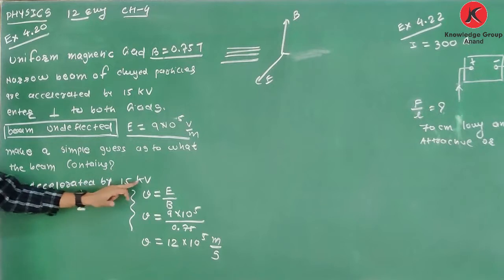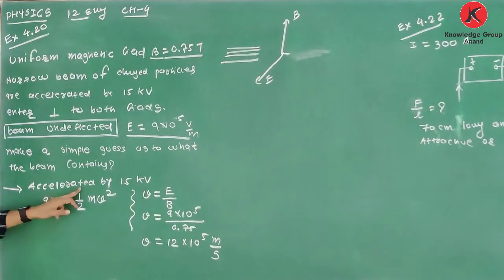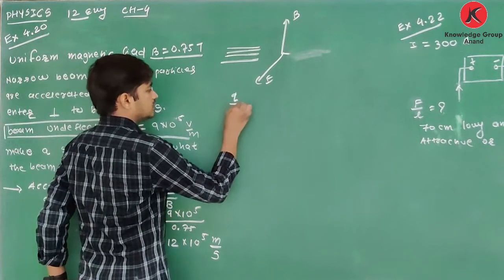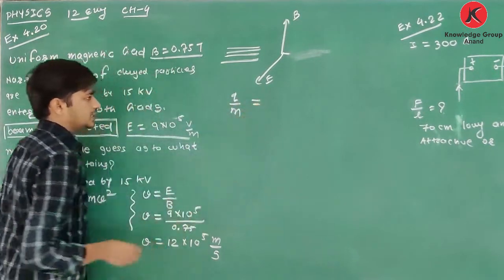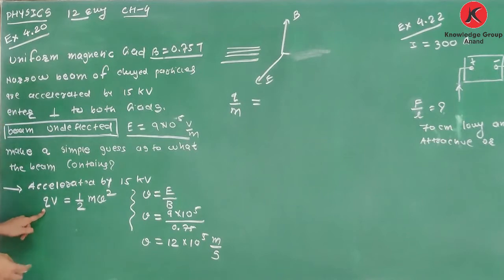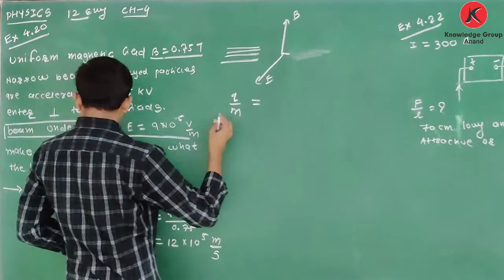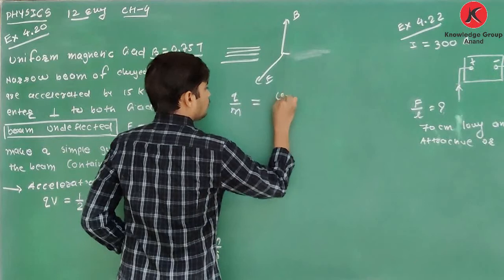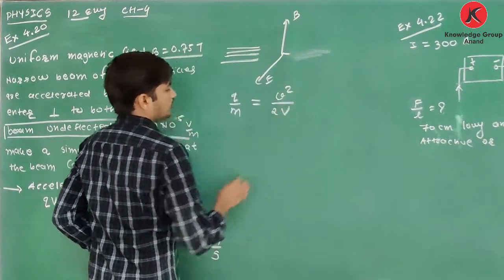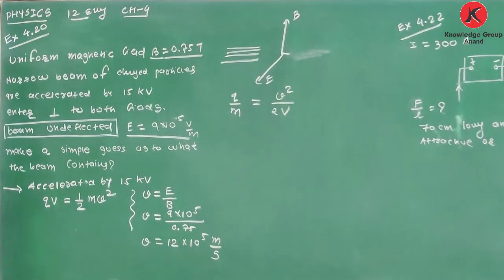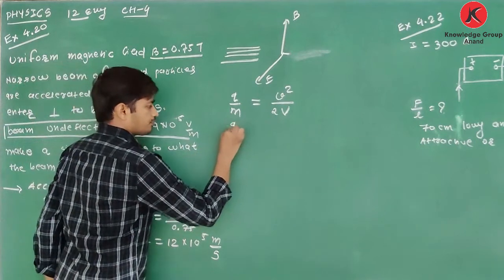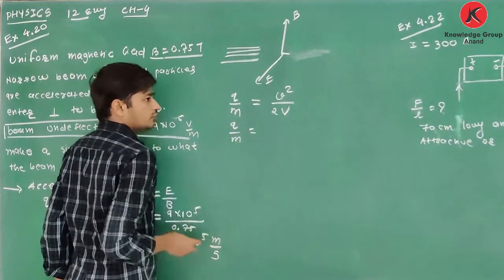Now, accelerated by 15 kilovolt means qV is equal to half mv square. From this, make q upon m the subject. We get v square upon 2V. What is the value of v?